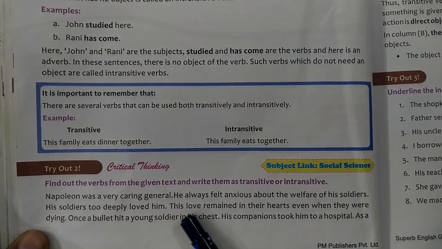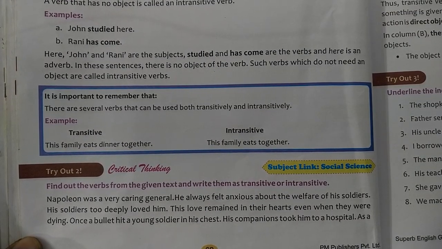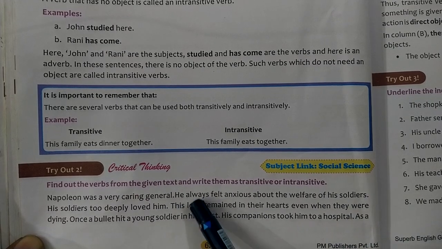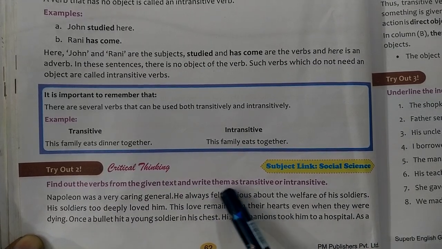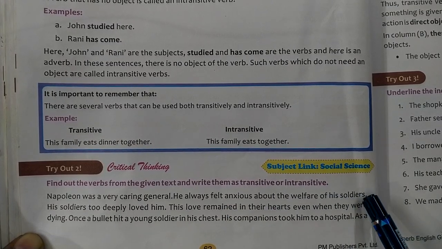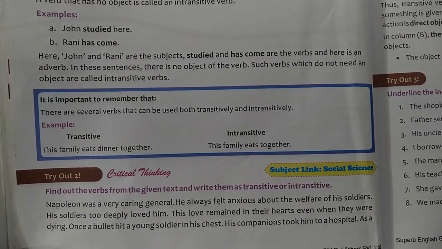Now, he is the subject and felt is the verb, about what? About the welfare of his soldiers, who are the object. So, felt over here is your transitive verb.